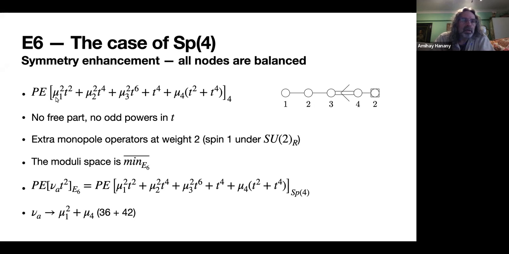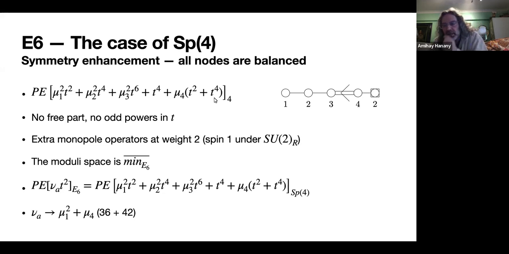So here's the expression for the representation content of the operators on the Coulomb branch. I find that there is no free part, so no linear powers of t. I also find that there are no odd powers in t. All powers in t are even.